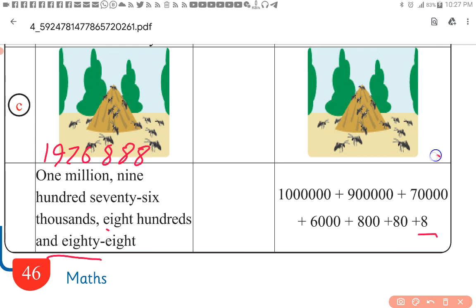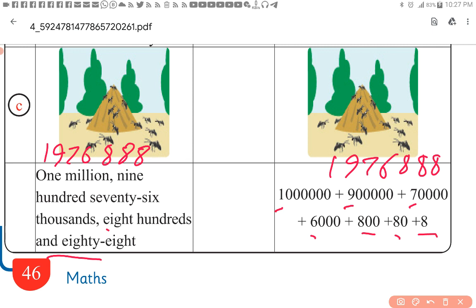Here start from units: 8 in units, 8 in tens, 8 in hundreds, then 6 in thousands, 7 in ten thousands, 9 in hundred thousands, then 1 in millions.